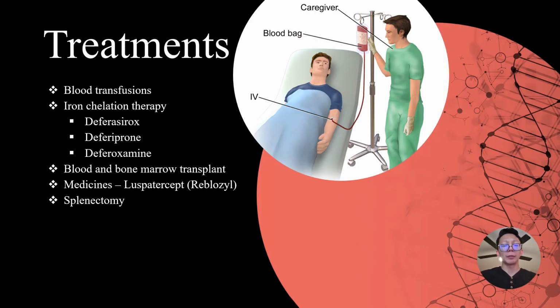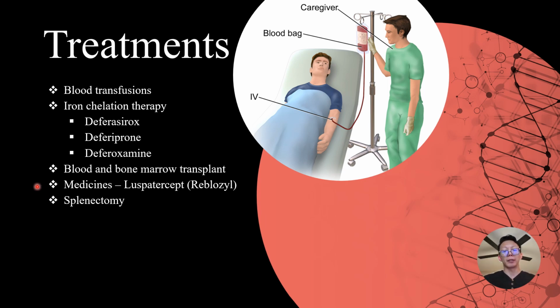For treatment of thalassemia, the goal is to manage your symptoms, prevent any complications, and also improve the quality of life for the individual. Some options may include regular blood transfusion, iron chelation therapy to help remove the excess iron, and then bone marrow transplantation for severe cases.